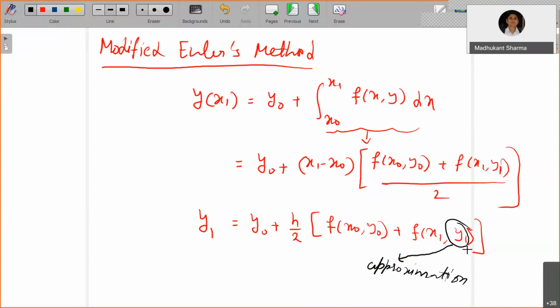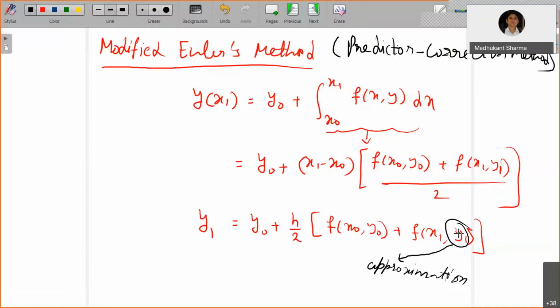On the right side, whatever is here, this we want to fix. So first you predict the value by some other method, and then you substitute here. That will correct it. So this is also known as the predictor corrector method, and this is an implicit scheme.